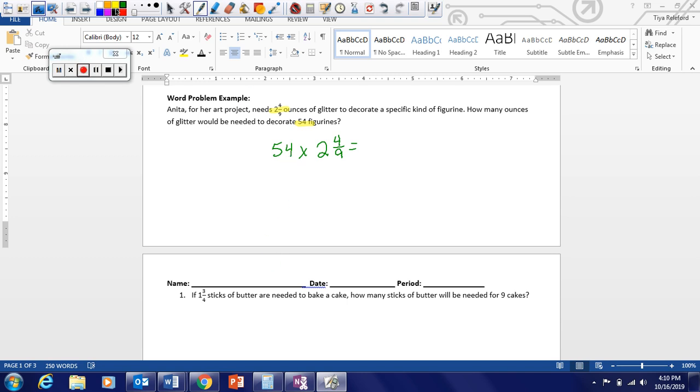So step 1 is improper fractions. So we're going to write 54 over 1. That one's nice and easy. We're going to have to Texas 2 4/9.